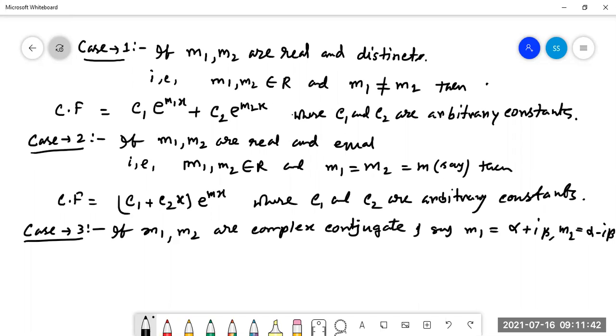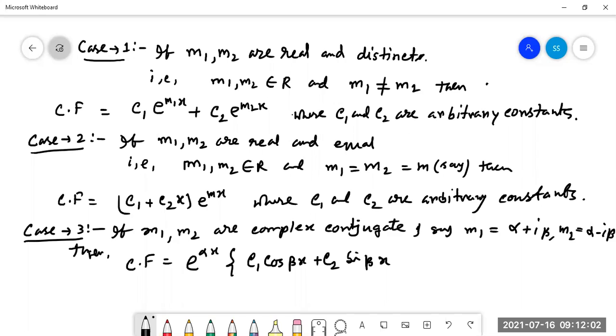Then CF is equal to e to the power alpha x into (C1 cos beta x plus C2 sin beta x). Here also C1 and C2 are arbitrary constants. Is it clear?